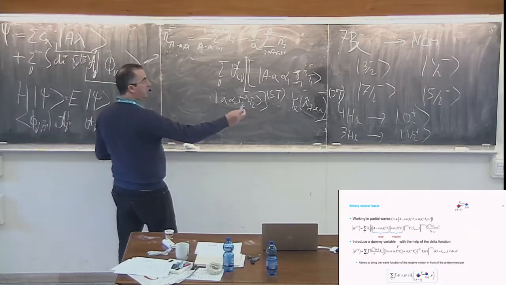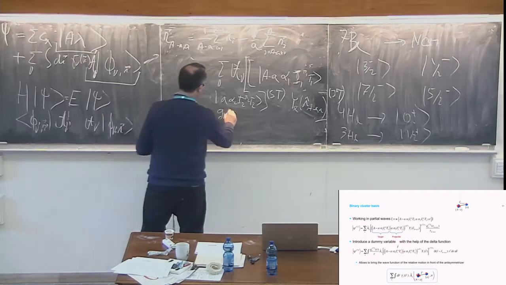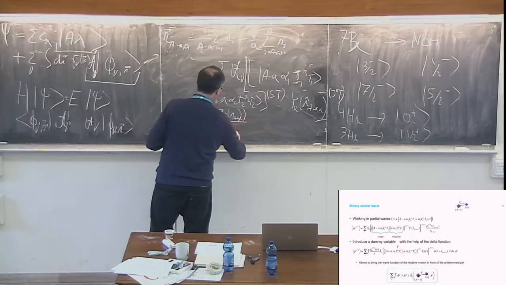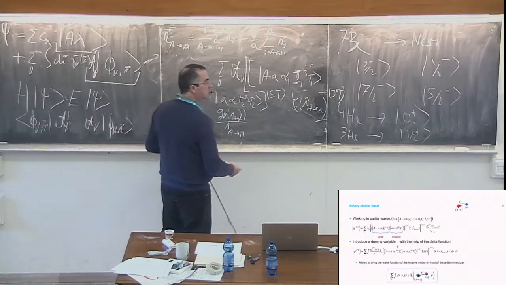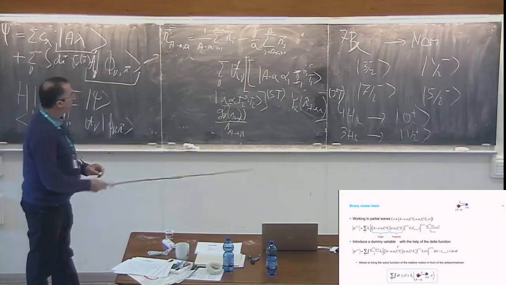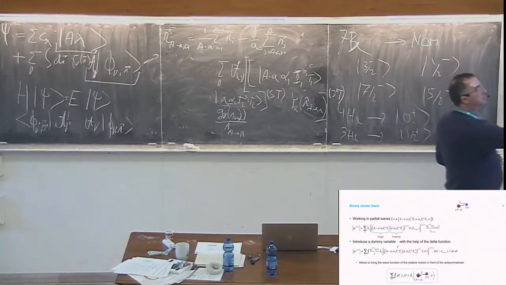And then I have finally this wave function of the relative motion that I denote G. So that's this object here.